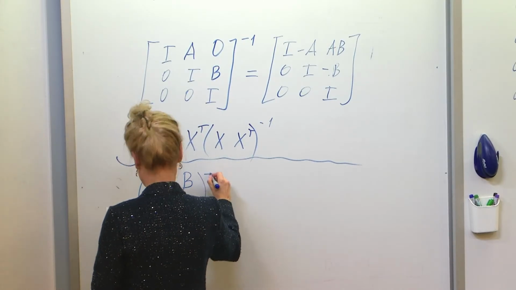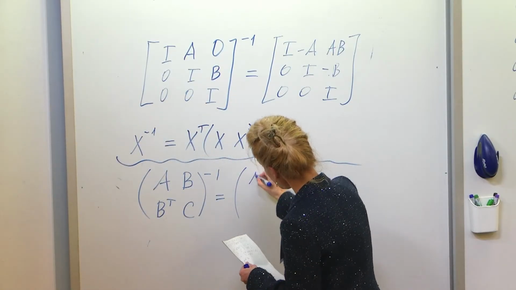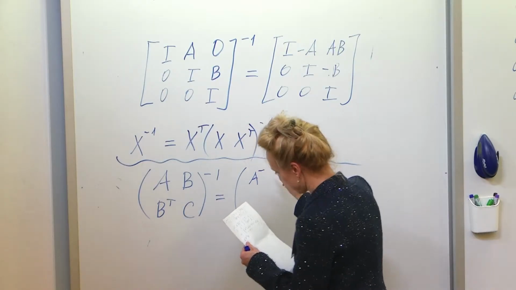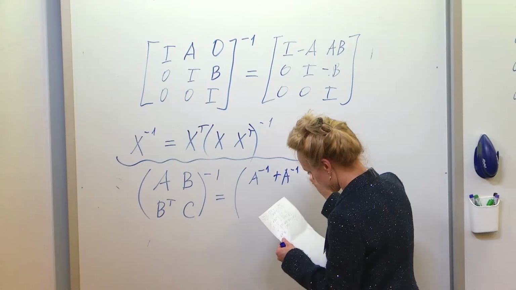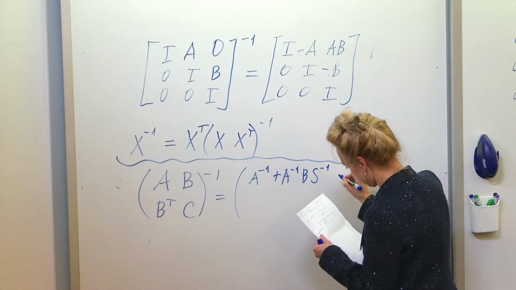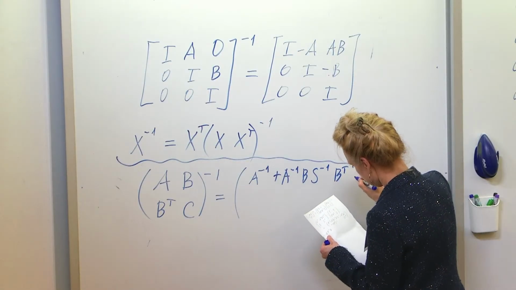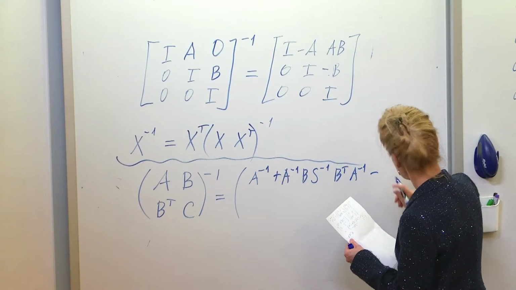And that was on my cheat sheet. So you go like this. And I never remember this formula, so I'm sorry about this. You go like this: A inverse, B, S inverse. It's a lot of stuff. B transposed, A inverse. You can derive it, but in the interest of time, I'm not doing this.